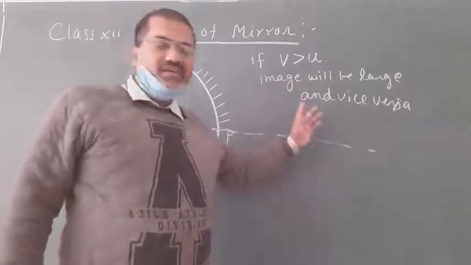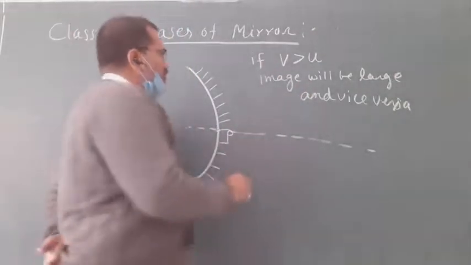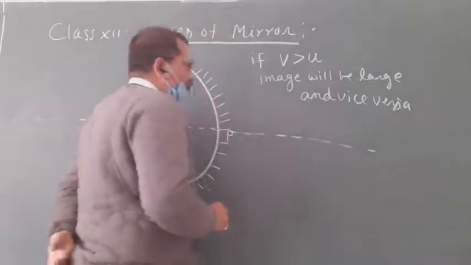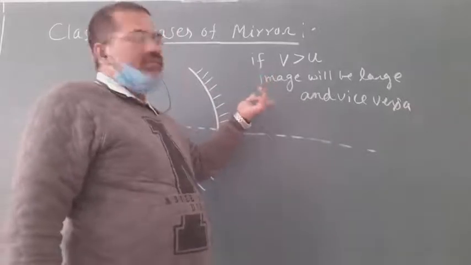If U is large, then image will be small.